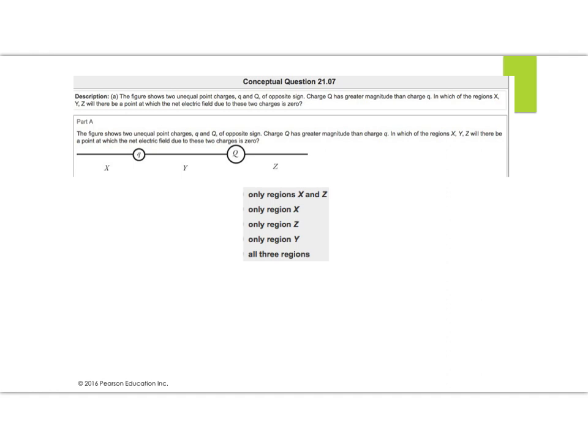Now this question is a little tricky, but it's similar to the examples we did in class today, except for the fact that we're looking for electric field and not force. Also notice that our charges, the little q and the big Q, give you a sense of their magnitude, and it does mention that they're of opposite signs.